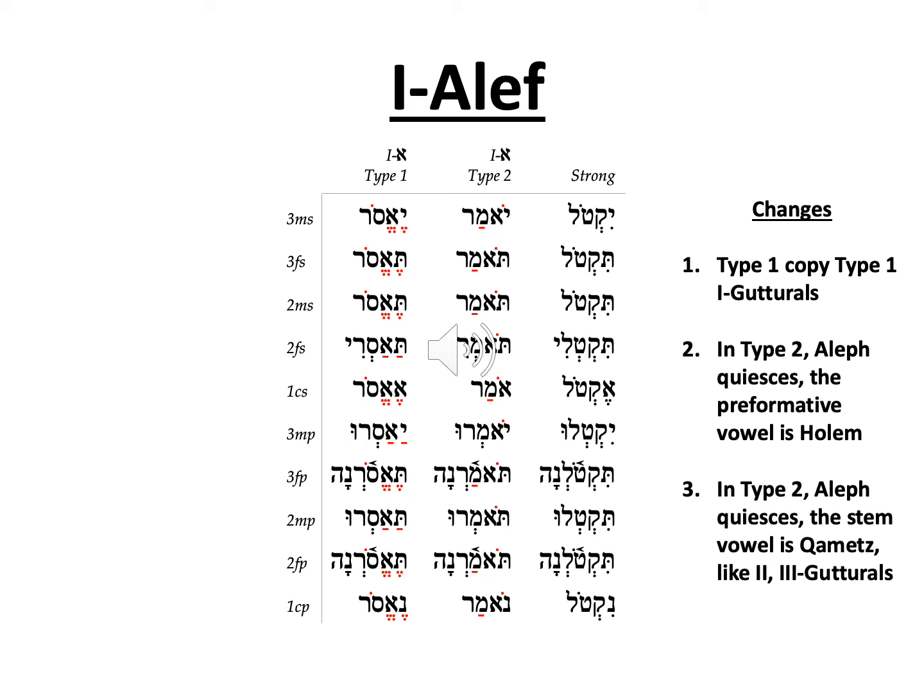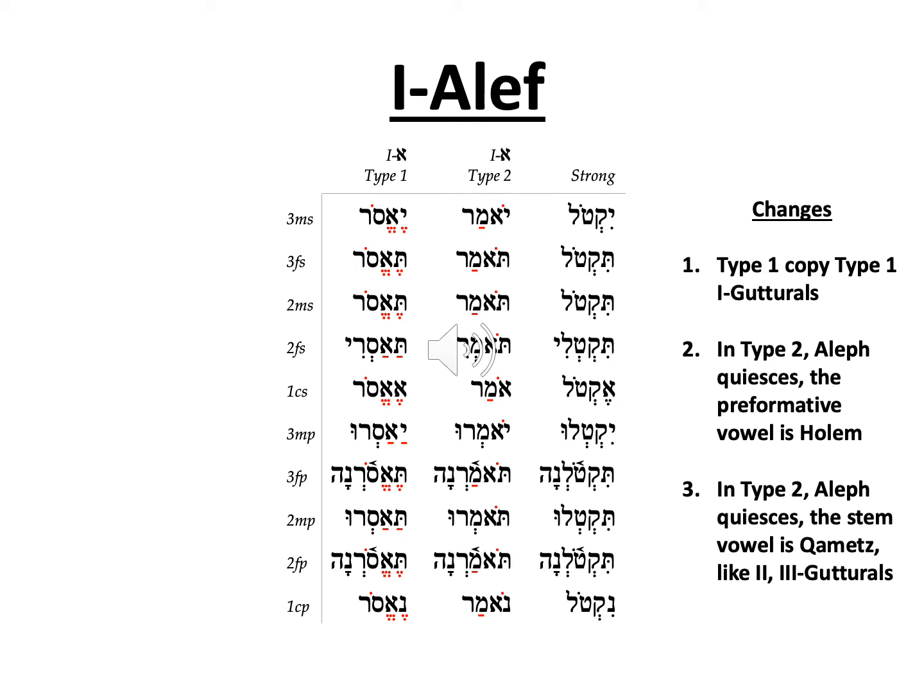You'll notice in the 2FS, the 3MP, and the 2MP that patak has replaced the segols. This is because of the presence of the strong vowel at the end of the word, serving as the subject ending, as the suffix, thus as a chain reaction affecting the vowels at the beginning of the word.